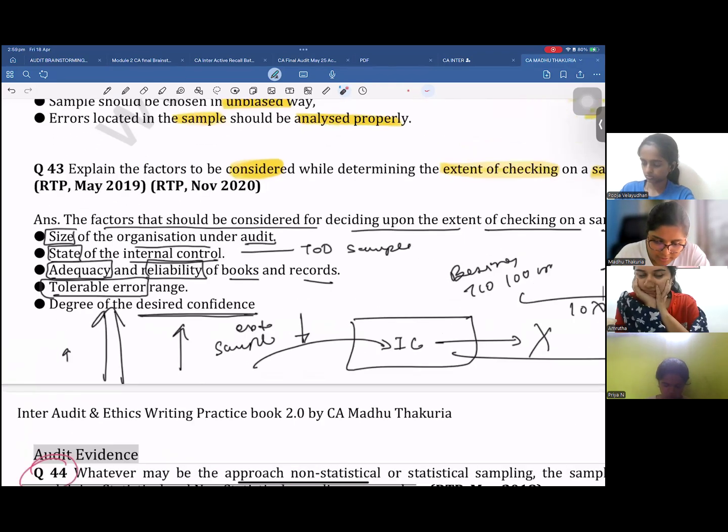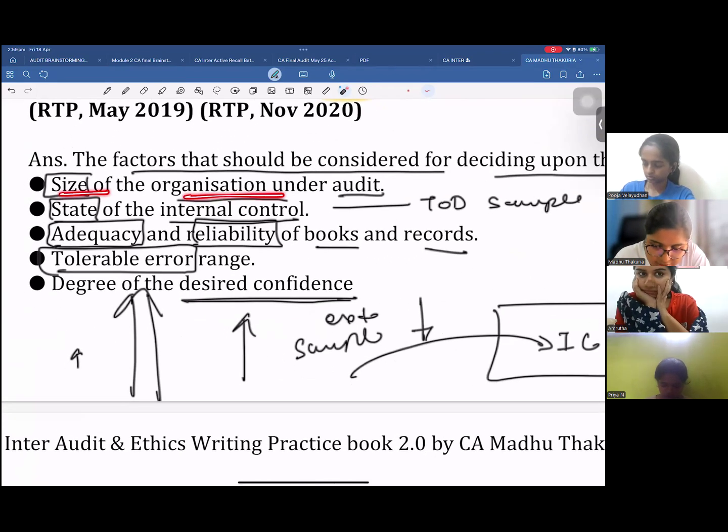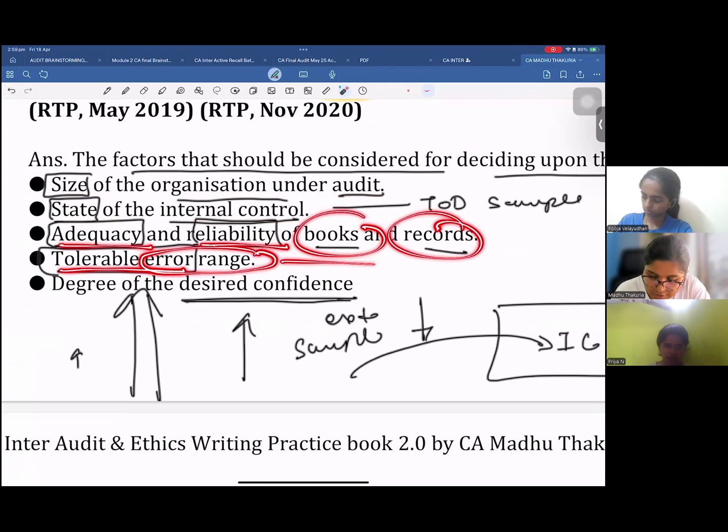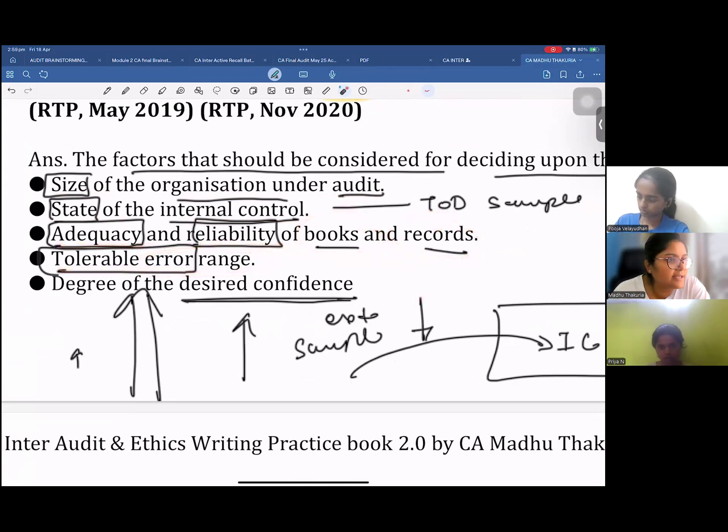It depends on the size of the organization that you are auditing, the state of internal control in that organization, the adequacy and reliability of books and records, and the tolerable error range. Can you tell me what is tolerable error range, guys? The more that the organization is able to tolerate the deviations. Tolerable error range, is this from the entity's point of view, or from the auditor's point of view?